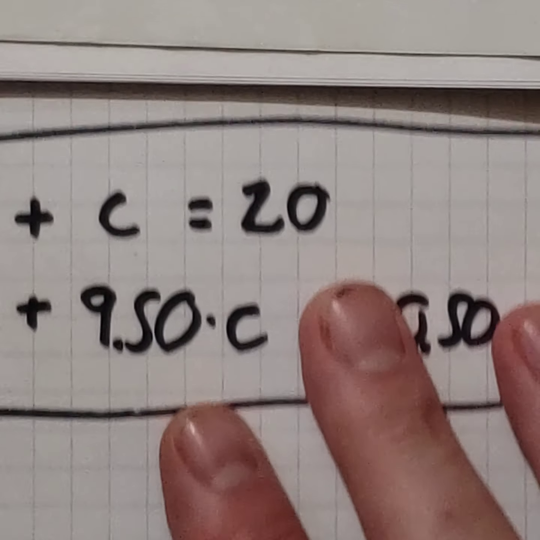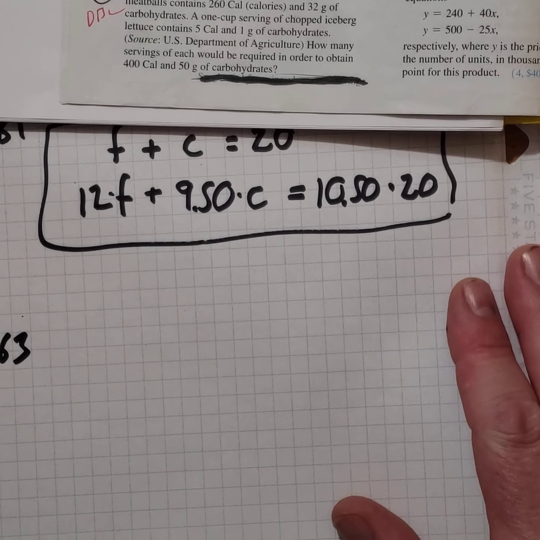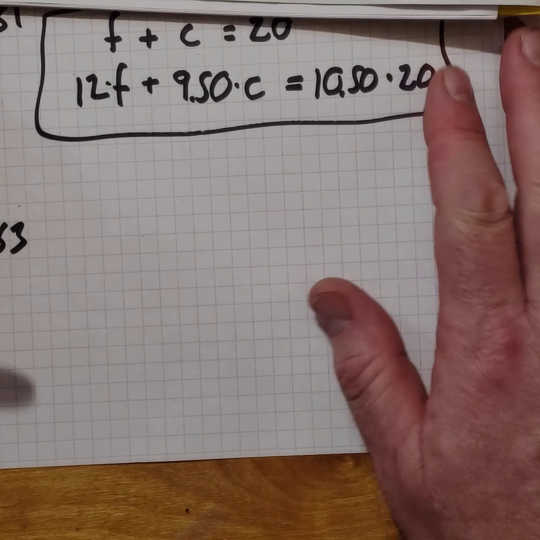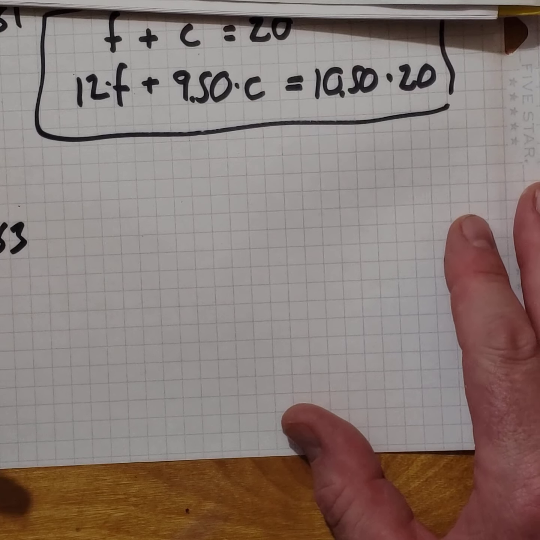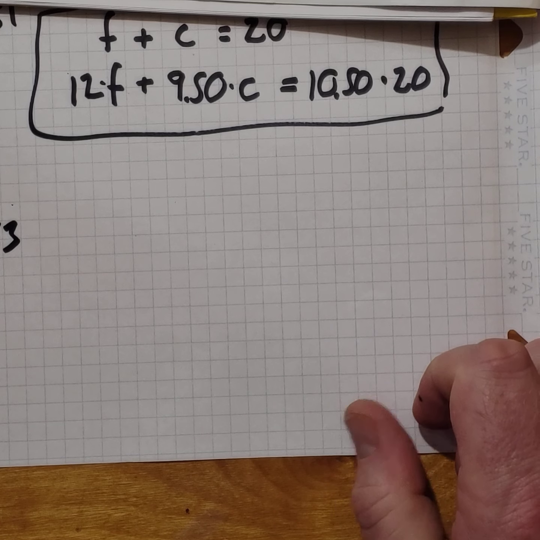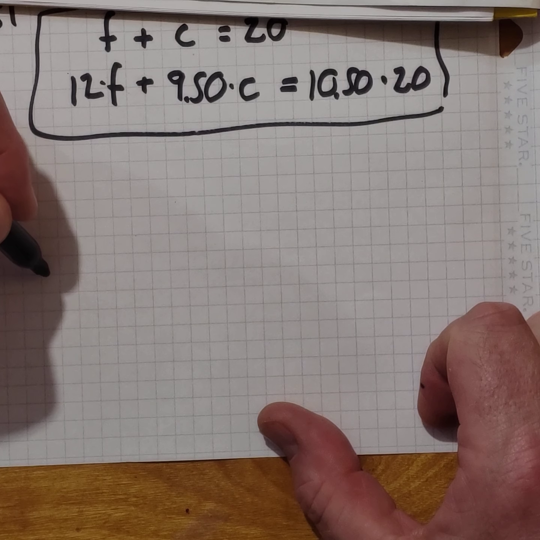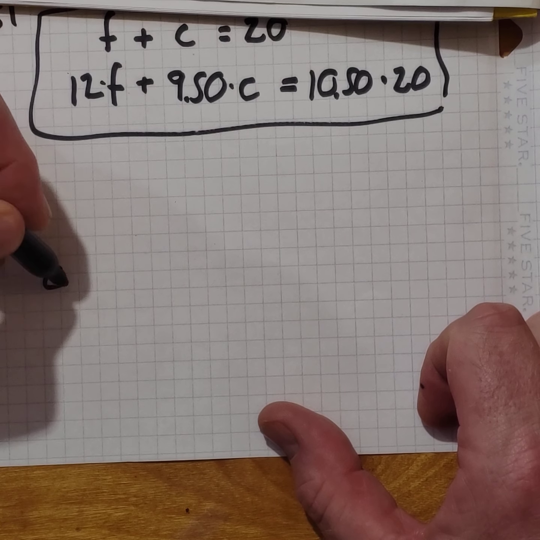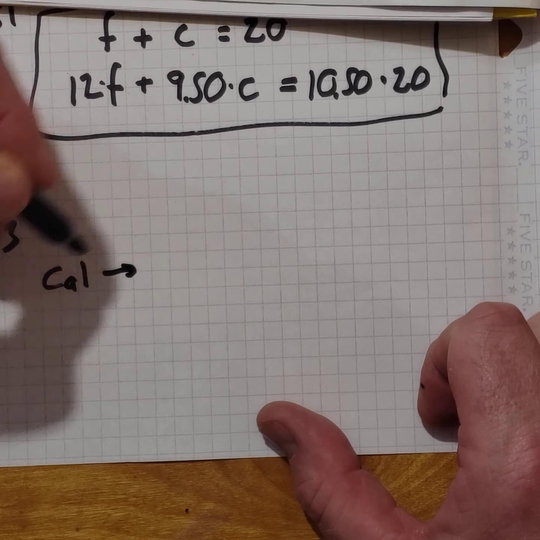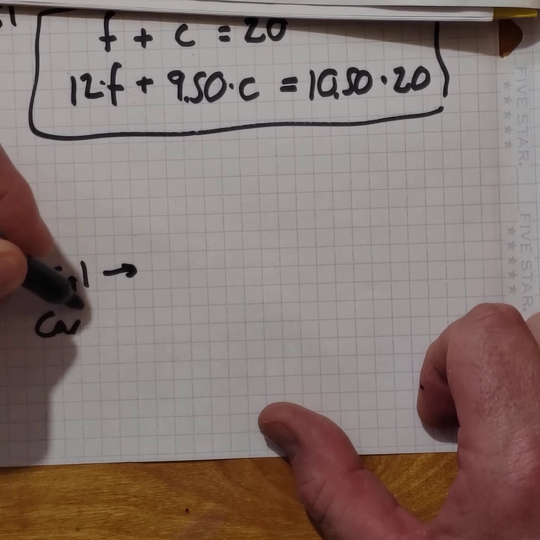We're going to end up with 2 equations again, but this one's going to be very different from the previous 2. We are asked to find out how many servings of spaghetti and how many servings of chopped iceberg lettuce. And we're going to get one equation from our calories and one equation from our carbs.